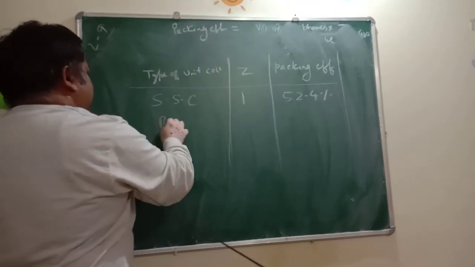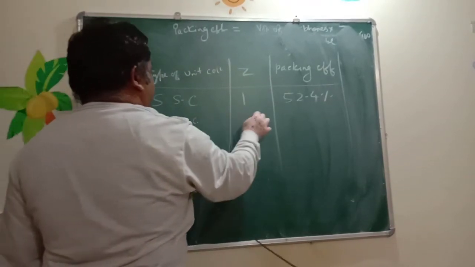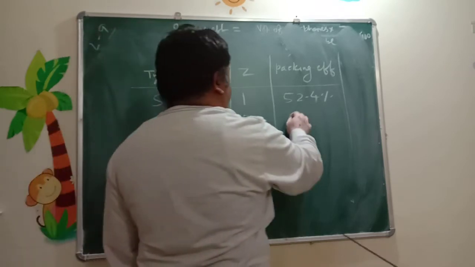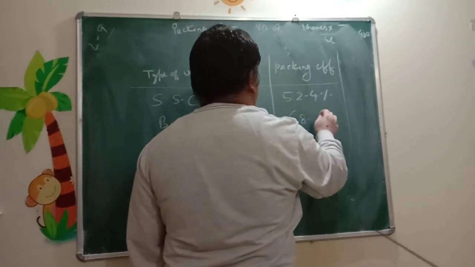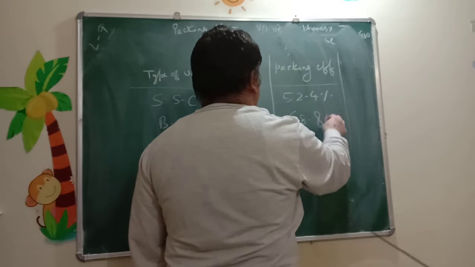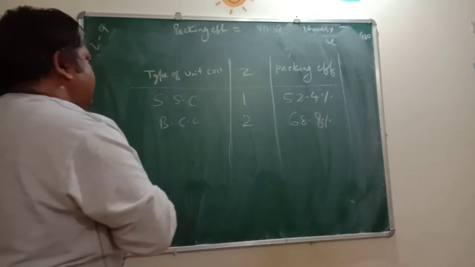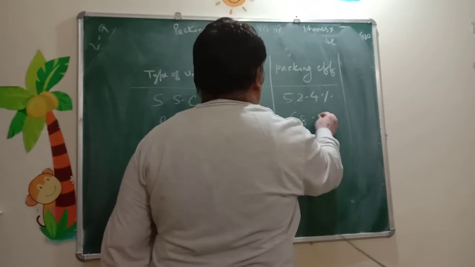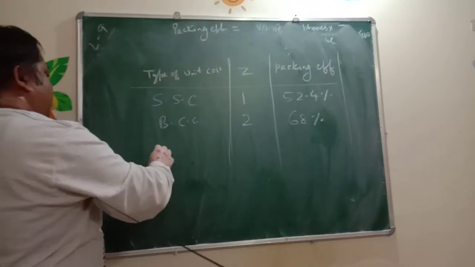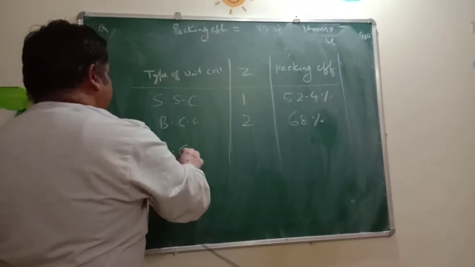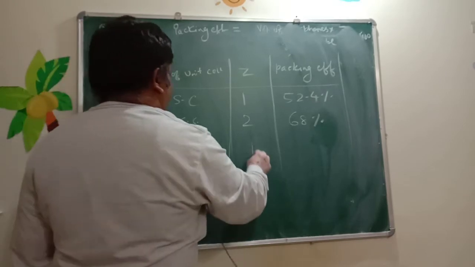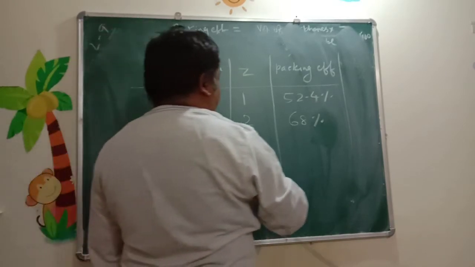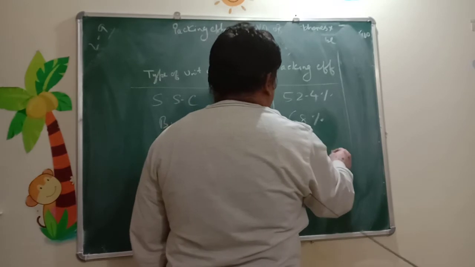For BCC, it is equal to 2, so it is 68%. And for CCP, it is 4, so it is equal to 74%.